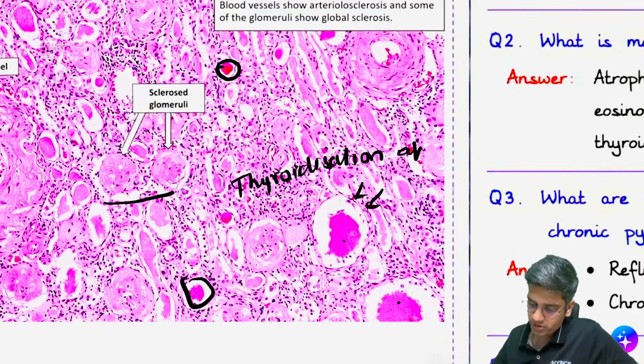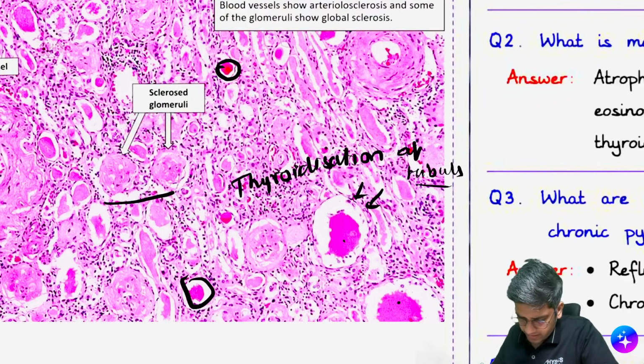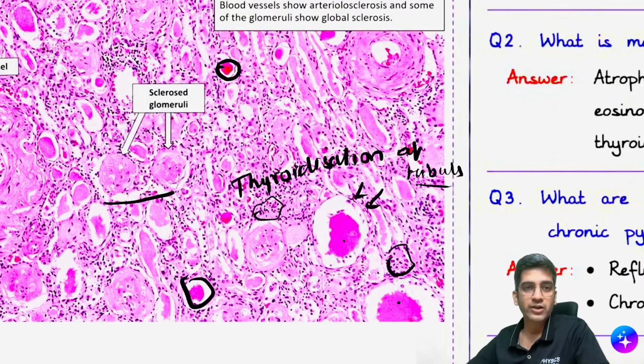The tubules look like thyroid. Can anyone tell me the diagnosis? Thyroidization of tubules, sclerosed glomeruli, atrophic tubular epithelial cells, and maybe I can see some blue cells in the interstitium. Those are lymphoplasmacytic cells in the interstitium. Diagnosis? You know the answer. That's a classical finding of chronic pyelonephritis. That's how chronic pyelonephritis looks.